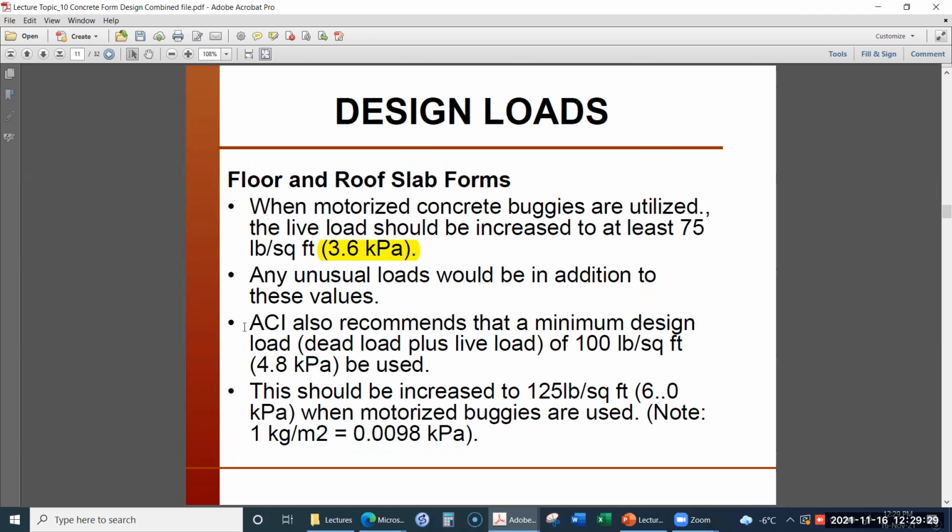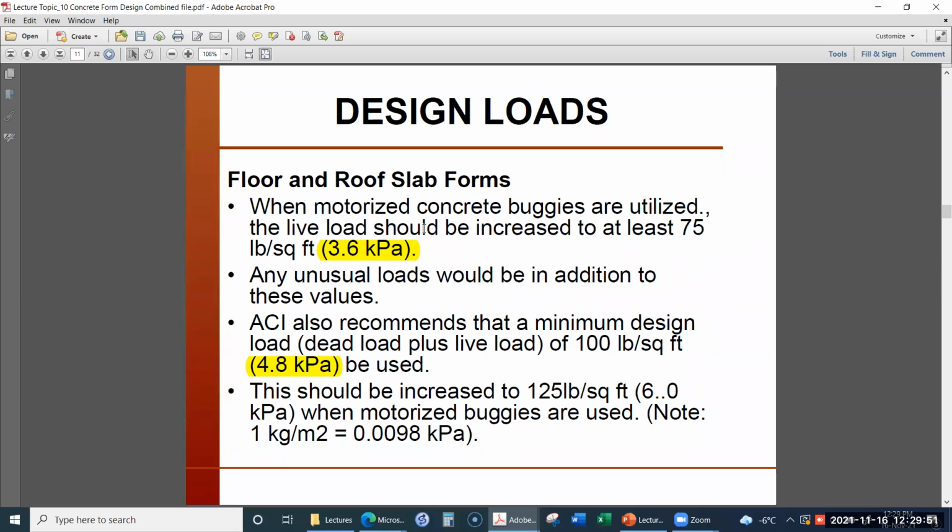Similarly, ACI also recommends that a minimum design load of 4.8 kilopascal be used. That means when you calculate the live load plus the dead load, it should not be less than 4.8 kilopascal.